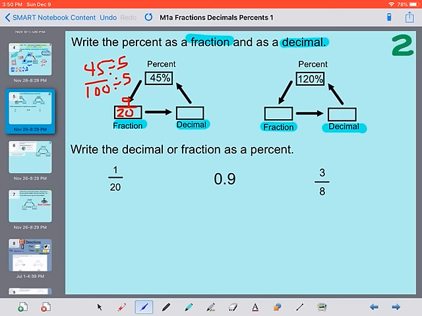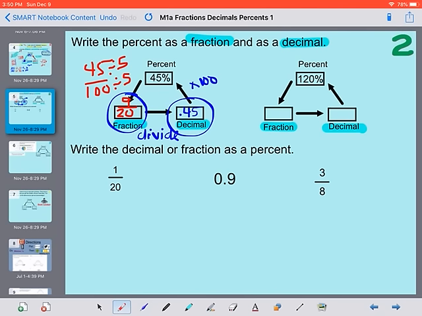And then to get to a decimal, we are just going to plug that in my calculator, divide, which gives me 0.45. So that's our decimal. If we wanted to go back to the percentage, we would multiply by 100. But we have our fraction and our decimal. Those are our two answers.